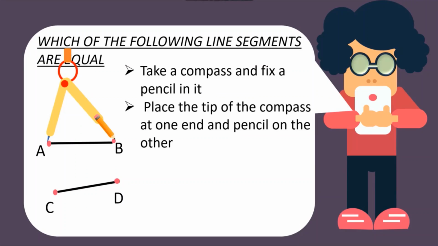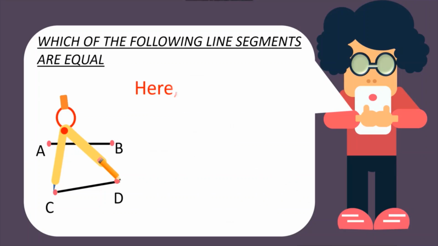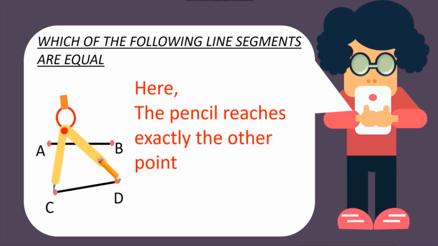So here, one end of the compass is at point A and the tip of the pencil is at point B. Now, without changing the length, place the tip of the compass on one point of the other line segment, that is point C. Now you see that the pencil touches the point D. So when the pencil reaches exactly the other point, it shows that line segments AB and CD are equal.